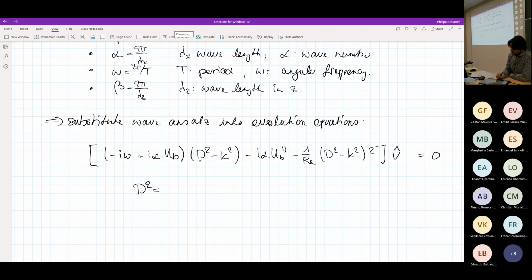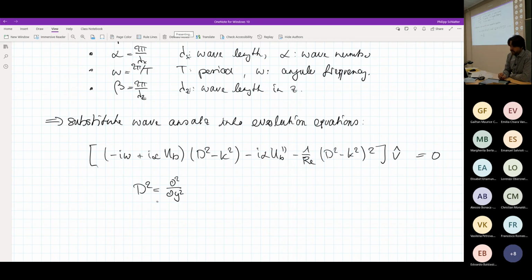Well, d squared somehow is an operator that acts on v hat. So in a way you can say that d squared is just shorthand for the second derivative operator. So consider it as d being the first derivative in the vertical direction, and d squared obviously will be the second derivative, because you just apply the derivative twice.